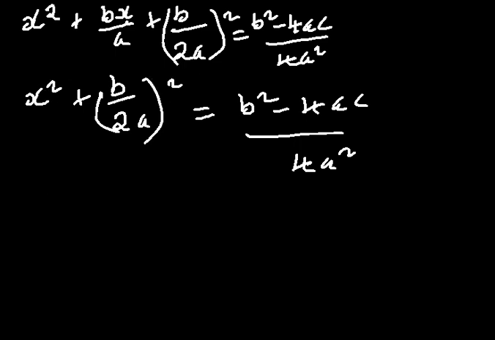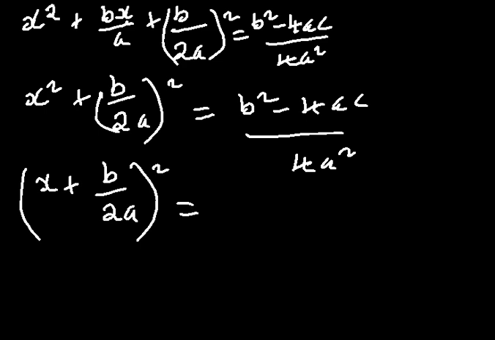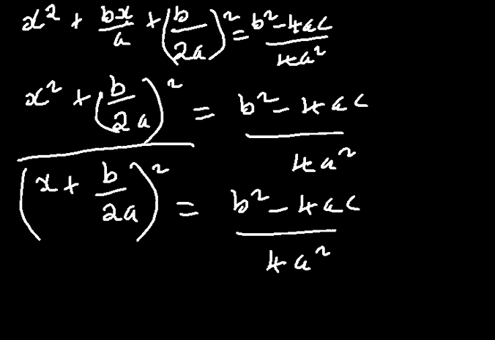Then since this is raised to the power 2 and that is raised to the power 2, this is the same as x plus b over 2a, all to the power 2, which is equal to b squared minus 4ac divided by 4a squared. Then we need to introduce the square root on both sides.